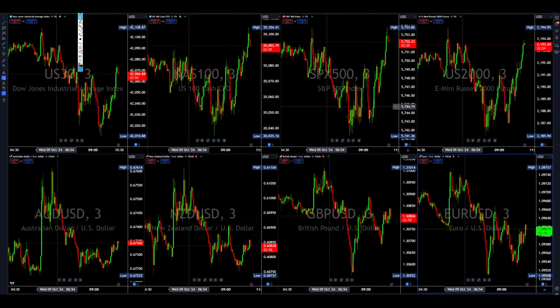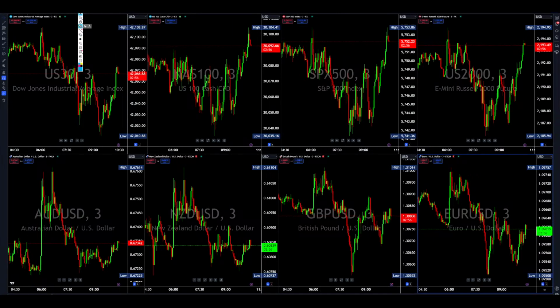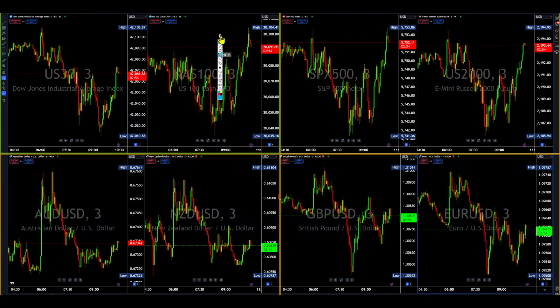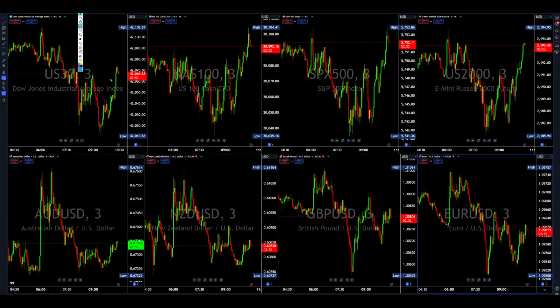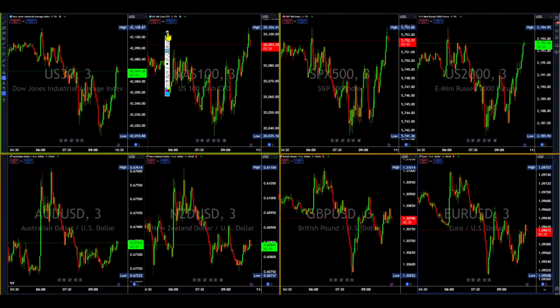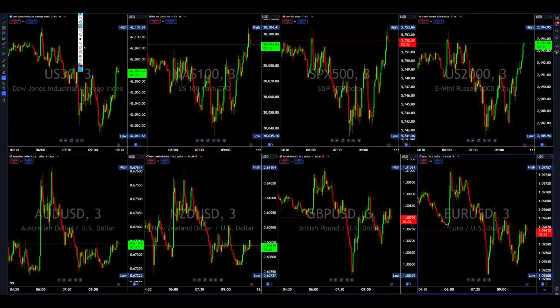So let's say if US 30 moves first aggressively in either direction, Australian dollar and US dollar are also gonna go in that direction, and New Zealand dollar, these two charts go in that direction. So euro carries more weight, and hence the euro leads us on the direction of the market. So this chart is important.